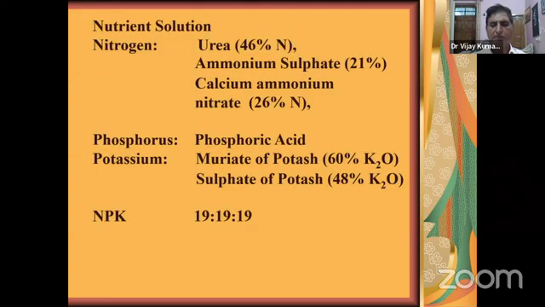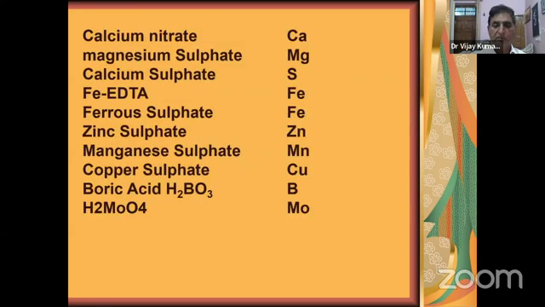I have given examples, but there can be other formulations also, like 12, 32, 16. Calcium nitrate, magnesium sulfate for magnesium, calcium sulfate for sulfur, and EDTA iron for iron.